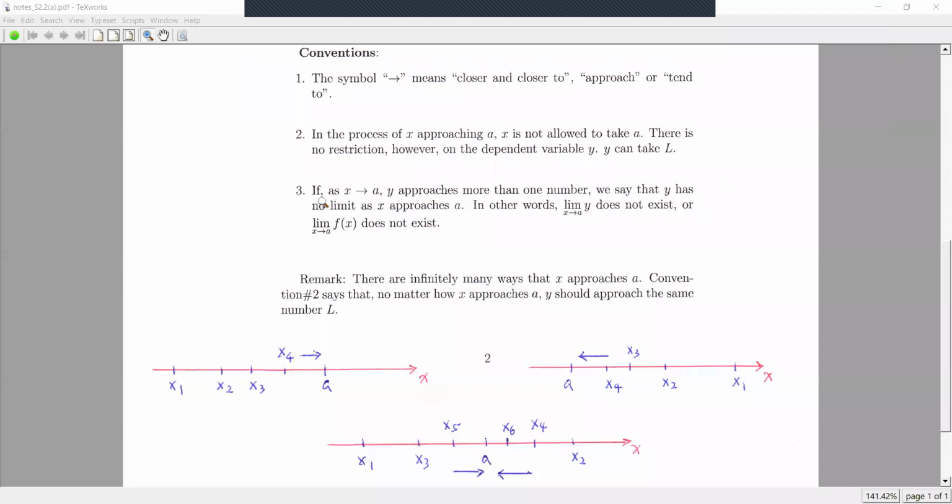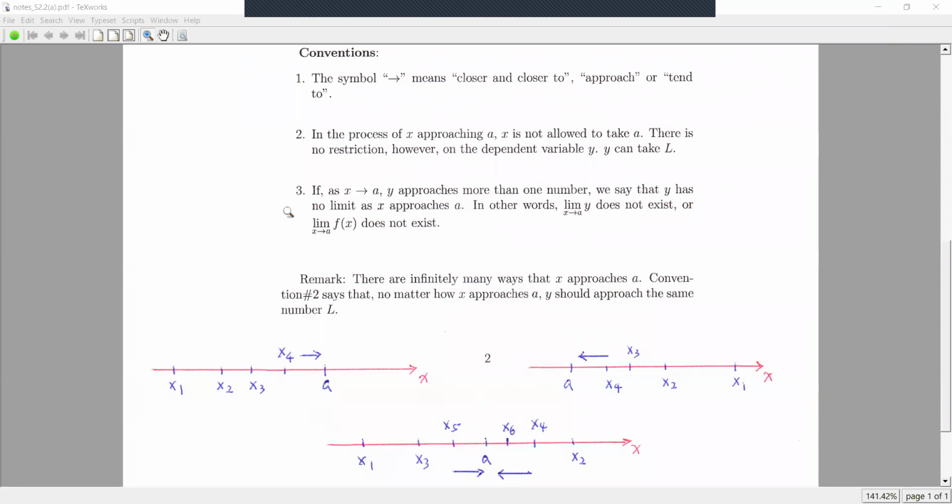Convention number 3. If as x approaches A, y approaches more than one number, in this case, we say that y has no limit as x approaches A. In other words, this limit doesn't exist.